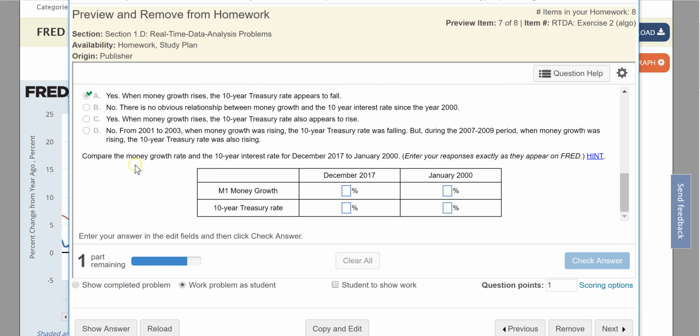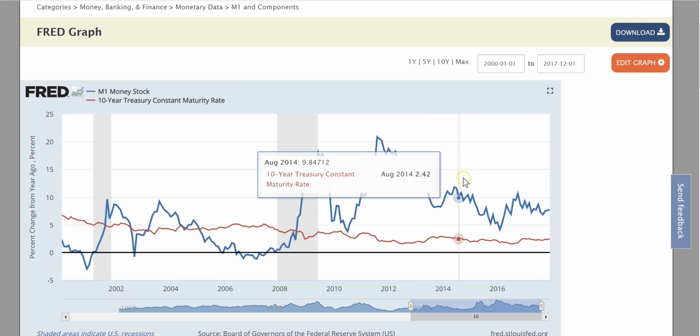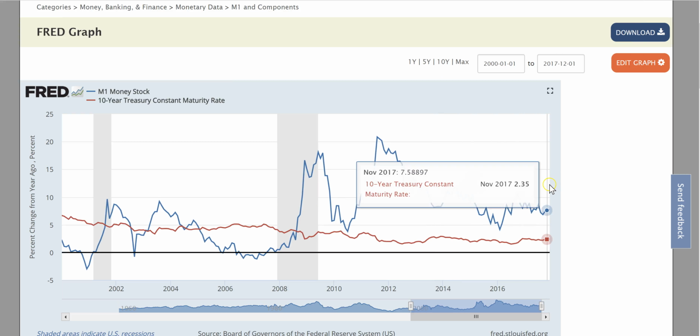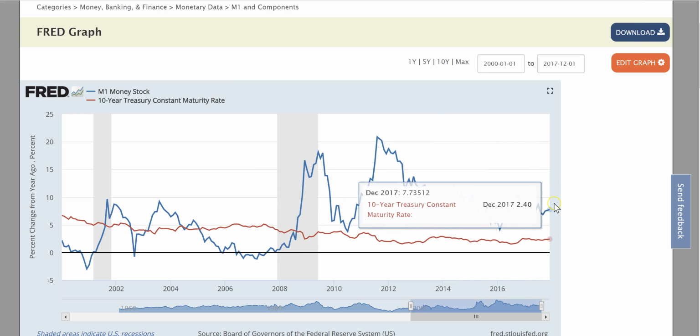So then let's continue. Compare the money growth rate and the 10-year interest rate for December 2017 to January 2000. Enter your responses exactly as they appear on FRED. So, M1 money growth, December 2017. So let's go to December. You can see that the time here is December 2017.